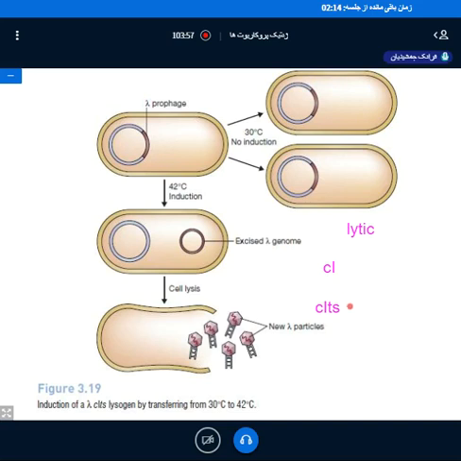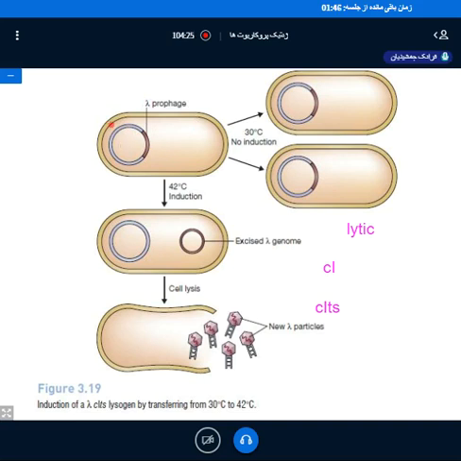The mutation is temperature sensitive, which means this gene works properly at 30 degrees, but if we increase the temperature to 42 degrees, it doesn't work properly and it goes to a lytic process.